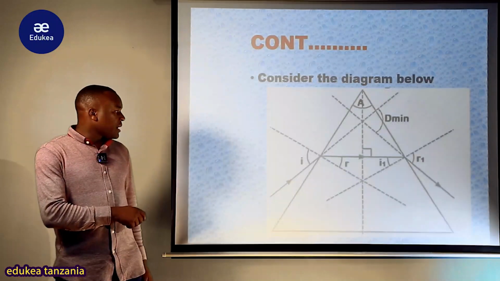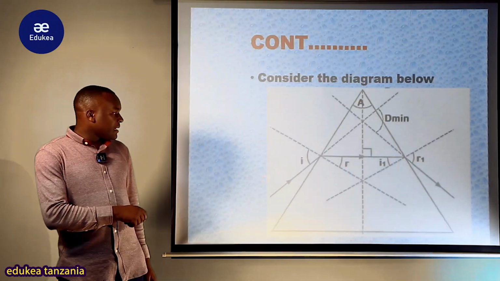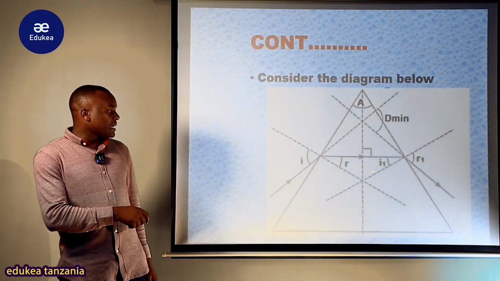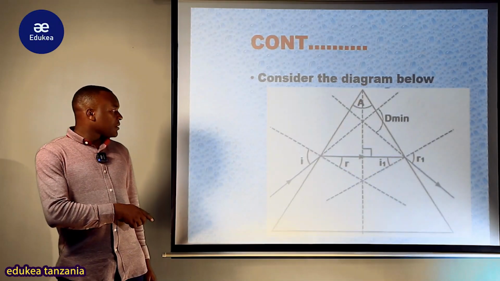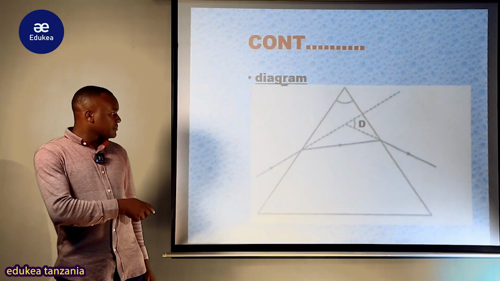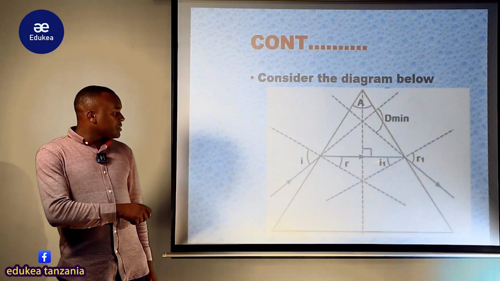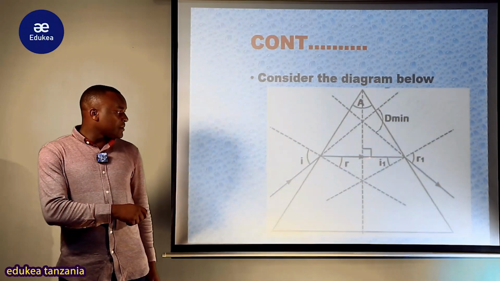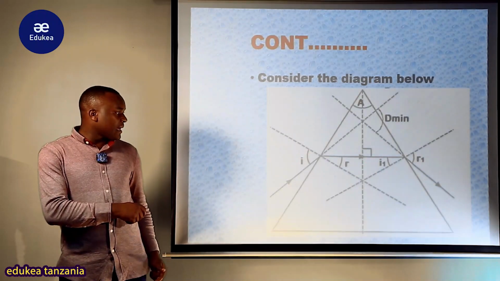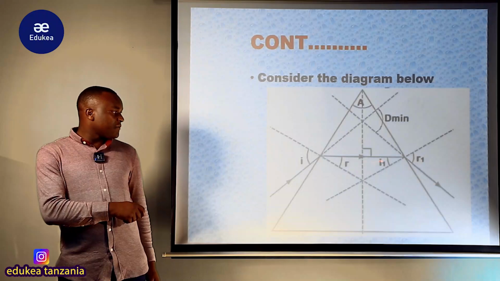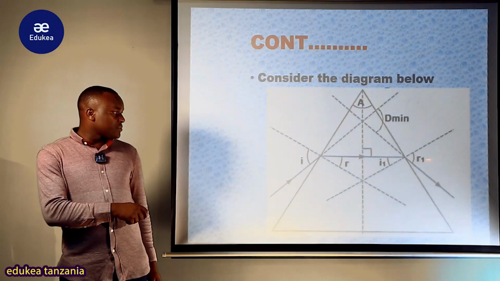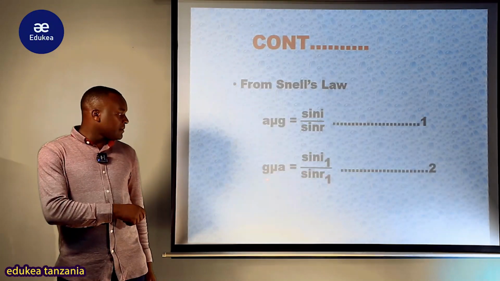Nikiwa natoka kwa air naenda kwa glass, nao natoka kwa glass na kuja kwa air. Rudi hapa nyuma uone. So nikirudi nyuma, hii ni from air to glass, then from glass to air, ndo hichi kiformula cha pili hapa.